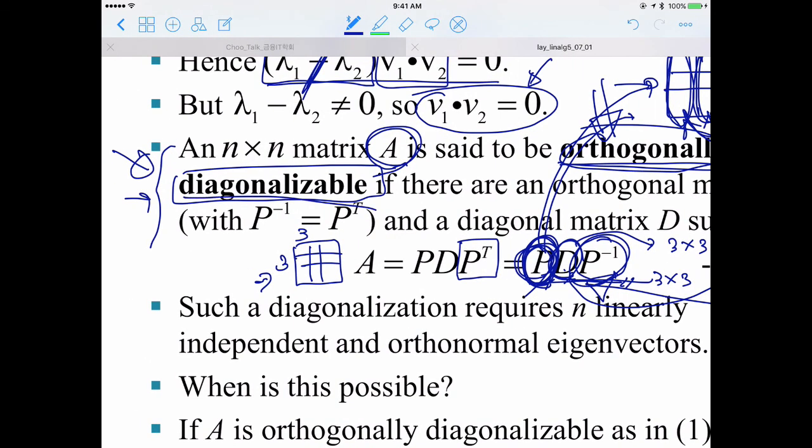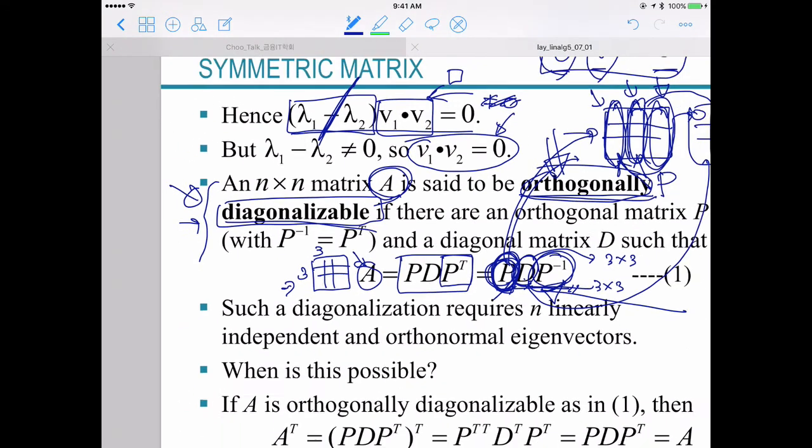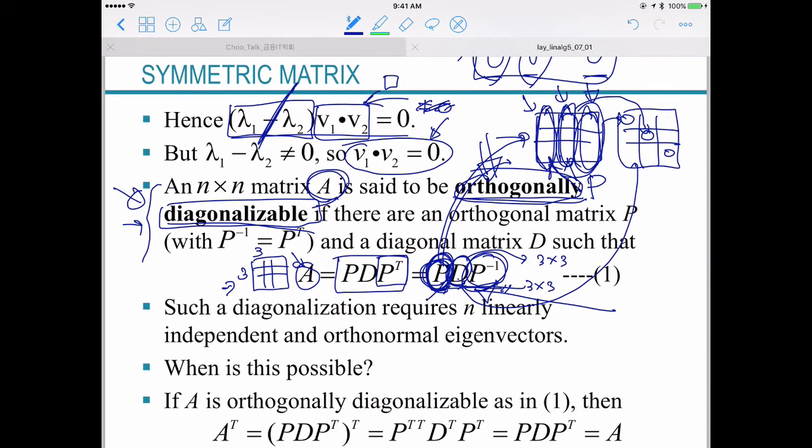In other words, again, if you have n orthonormal eigenvectors and also eigenvalues, then you can form this matrix decomposition of the original matrix A, and that's when this matrix is orthogonally diagonalized. Okay, so now we understood the meaning of orthogonally diagonalizable.